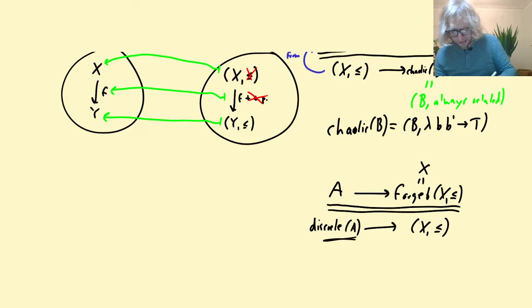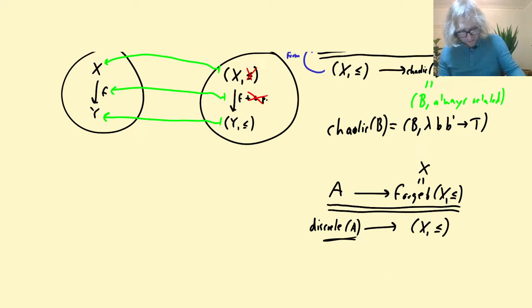Because this still needs to be a preorder, so it needs to be reflexive and transitive. But we could make it so that the only things that are related are things related to themselves, right? Because that would take care of the reflexivity, and transitivity then just means that you can never have two different things related, so we don't have to worry about transitivity. The only way this happens is if they are all equal anyway, right?